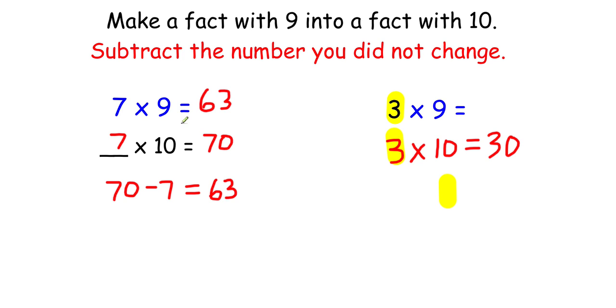So I'm going to need a 3 down here. I kept the 7 over here, so now I need to keep that 3. So I'm going to take this 30 right here and subtract that extra set of 3, and that will get me my answer of 27, which is what 3 times 9 is.